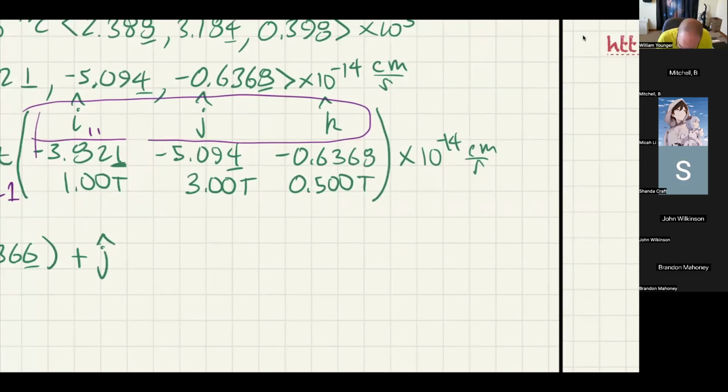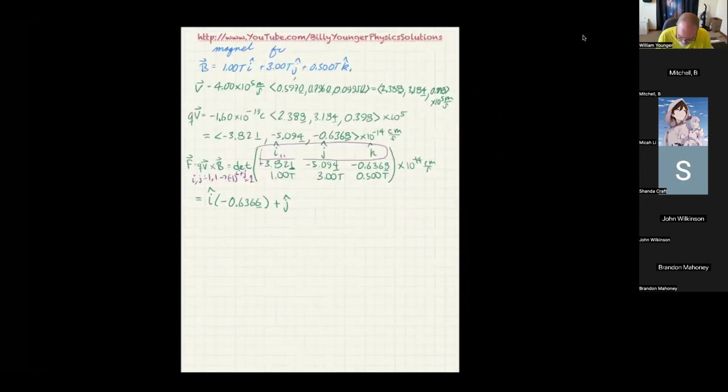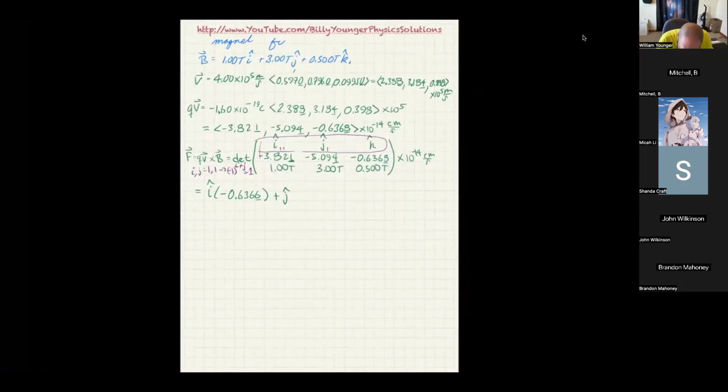In this case it's 1, 2, and 1, 2 means that negative 1 to the 3rd power would be negative. So I do the determinant in the opposite order, and that corrects for the negative sign.